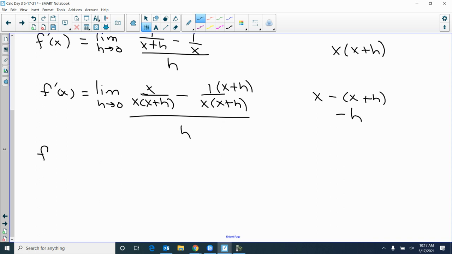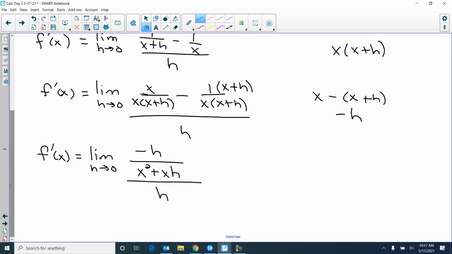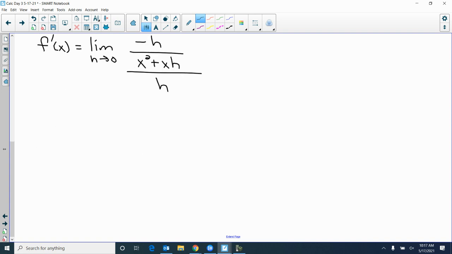So that's going to be up here. So I got f prime of x equals the limit as h goes to 0 of negative h over x squared plus xh all over h. Now, take your top here, divided by h. You cannot have a complex fraction, so dividing by h is the same as multiplying by 1 over h.